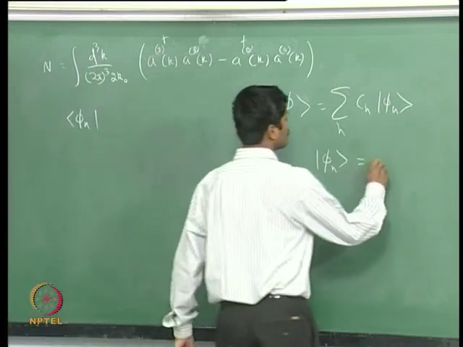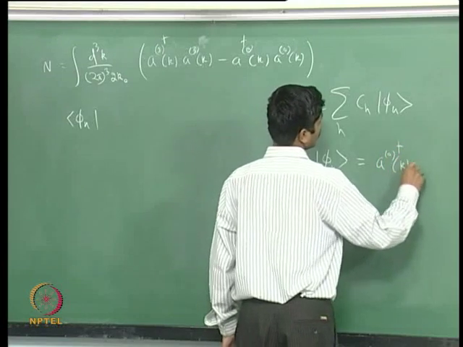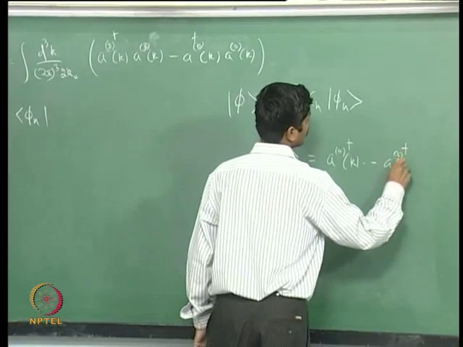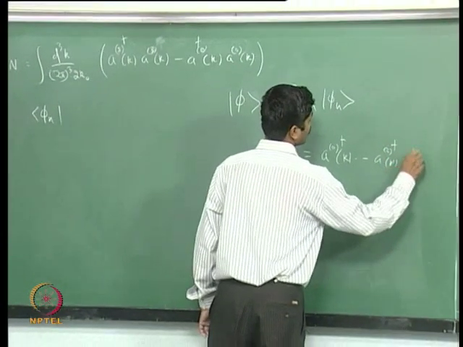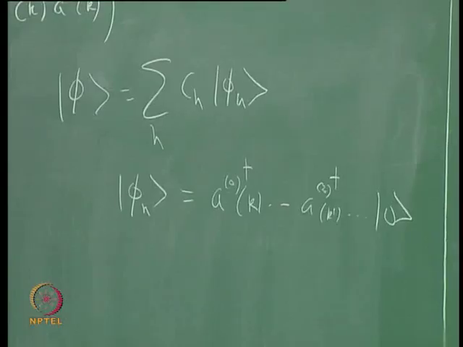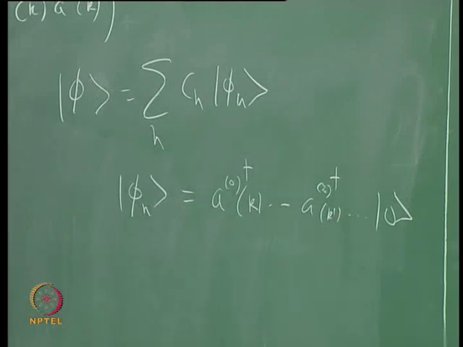So, there will be a0 daggers and a3 daggers, and there will be n such objects acting on the vacuum. That is what I am denoting by phi n, and phi in general is summed over all these things.